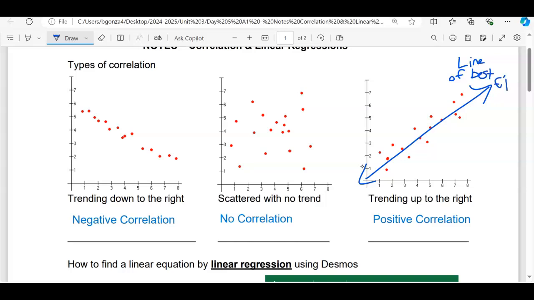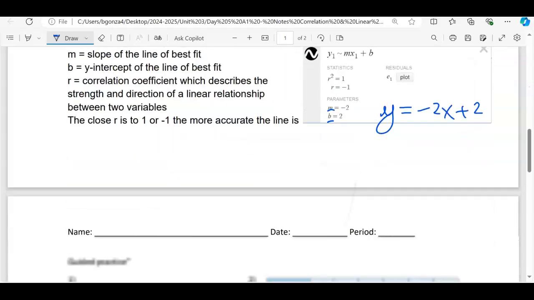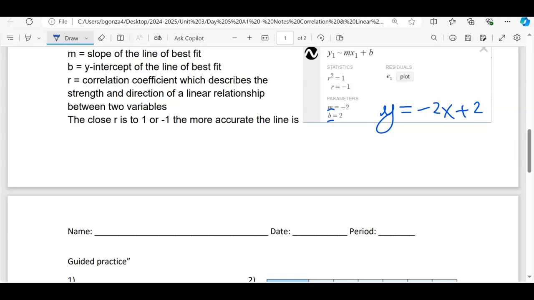And if I could find that equation, that would be my linear regression. So that's what we're doing down here. Now notice, R is called the, go ahead and underline this, correlation coefficient. Underline that, correlation coefficient.